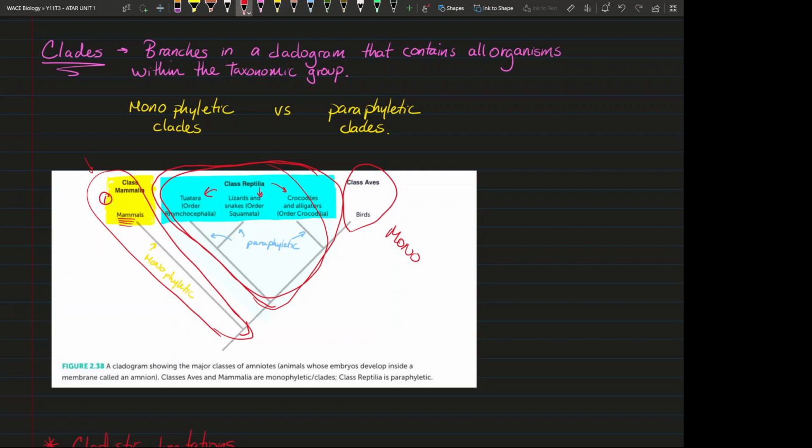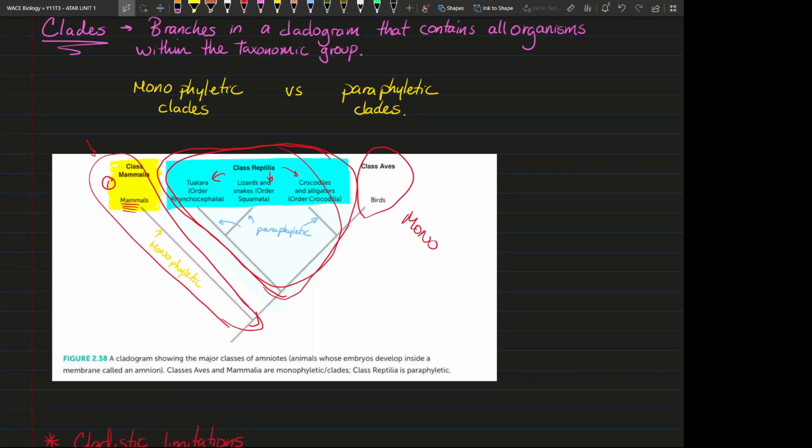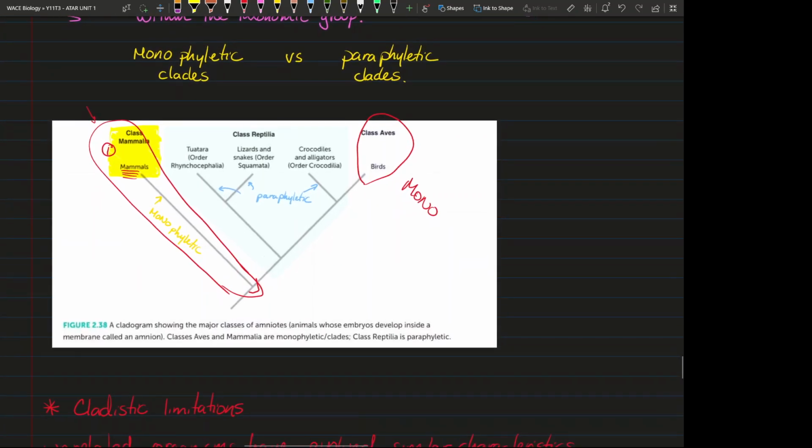Of course, this is changing regularly because of the DNA analysis and physical features being analyzed. And when I say changing, I'm talking like 5 years or 10 years or 20 years, not that quickly. So these are referred to as clades.